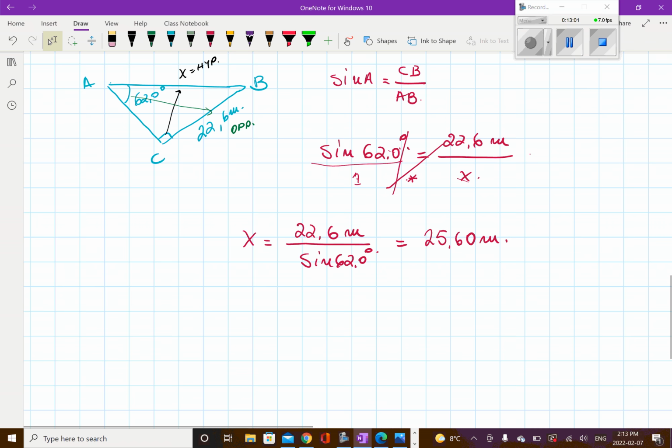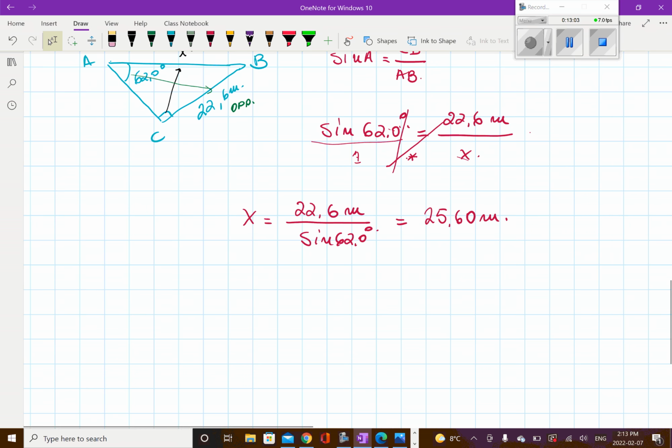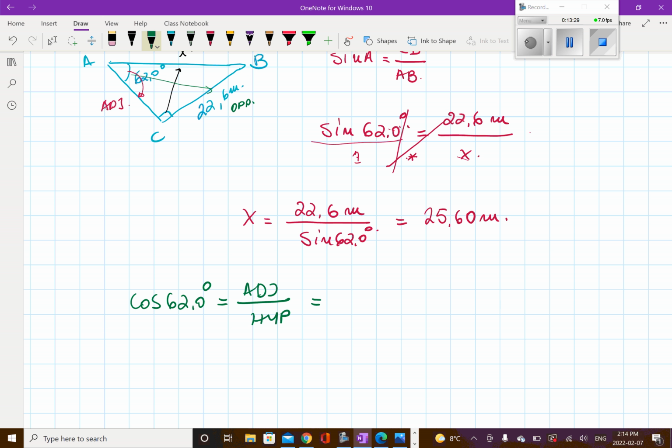And then to find the other side here, what you have to do is label it, and this is the adjacent of 62 degrees. So cosine of 62 degrees is equal to adjacent over hypotenuse that we just found, or it is y that we will find.